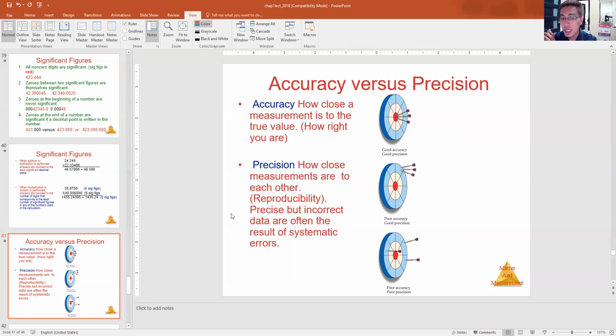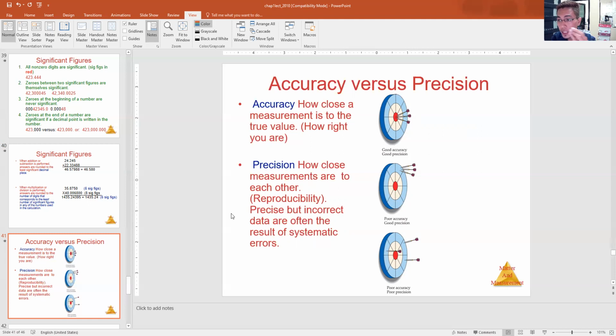So that is accuracy. While precision is how close measurements are to each other. So for example, they are precise. In the two examples here, this one has good accuracy and good precision. It is because the three data points are close to the true value, and also they are precise, good precision.